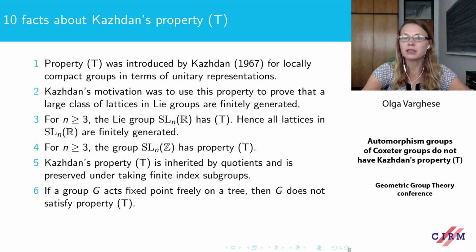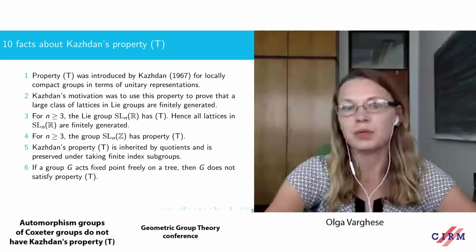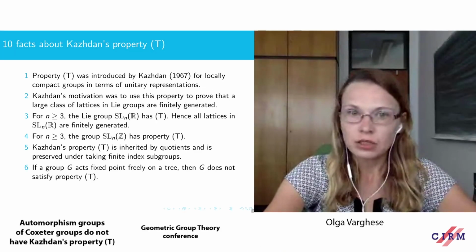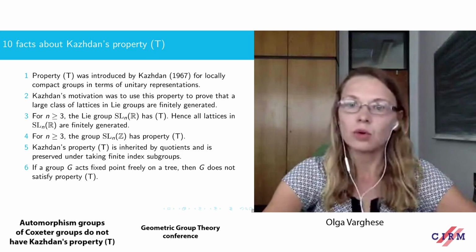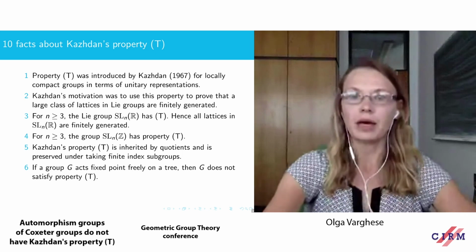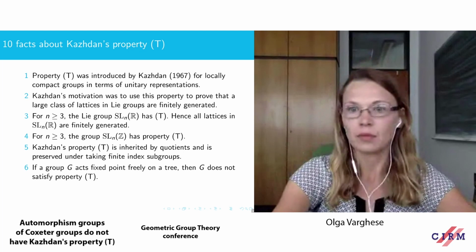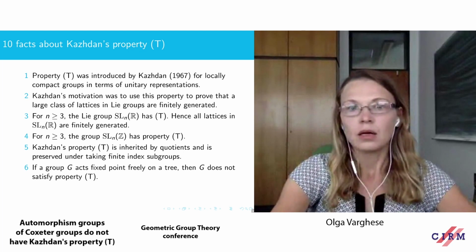If a group G acts fixed point freely on a tree, then G does not satisfy property T. This connection between property T and Serre's property FA was proven independently by Alperin and Watatani.